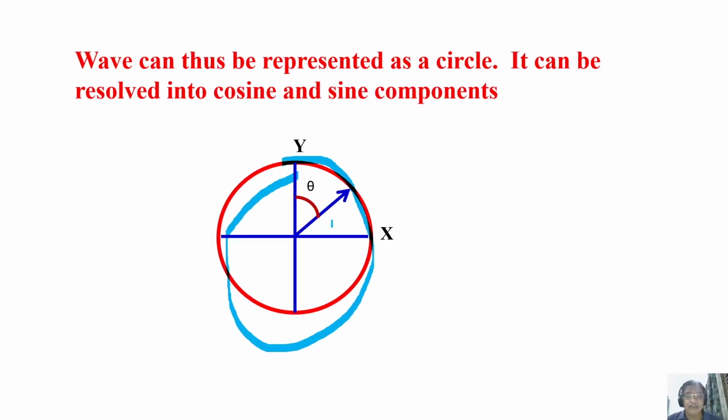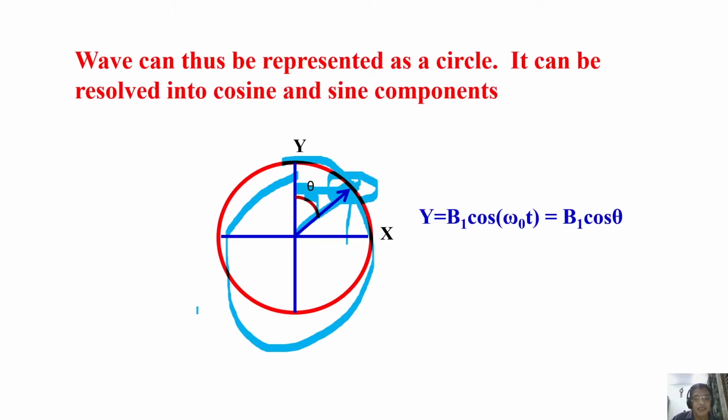Let us say at any given instant of time, we are looking at this point. I know this angle theta. Then I can resolve this into two components, x and y. This is a cosine component, this is a sine component. So this amplitude is maximum here, at y component 0.